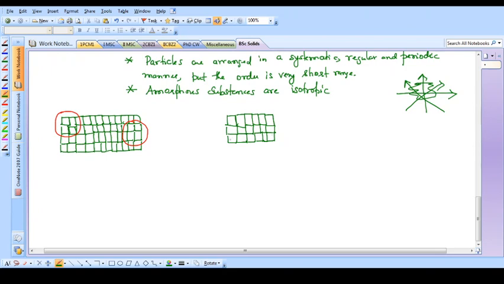There is a systematic, regular and periodic arrangement of blocks. But if you look at another region in the same sample, the arrangement is also systematic, regular, periodic.